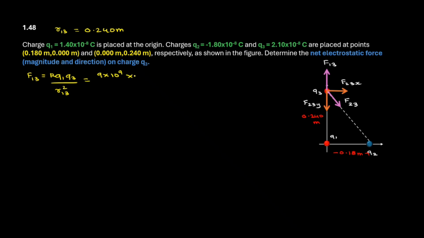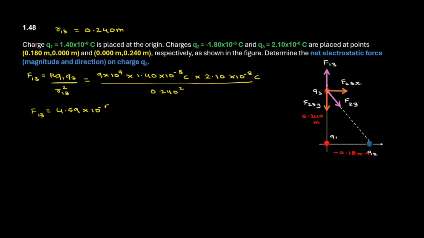Q1 we write as 1.40 times 10 to the power negative 8 coulomb. Q3 is 2.10 times 10 to the power negative 8 coulomb, over the distance between them, 0.240 squared. And when you solve this, you get F13 to be equal to 4.59 times 10 to the power negative 5 Newton.